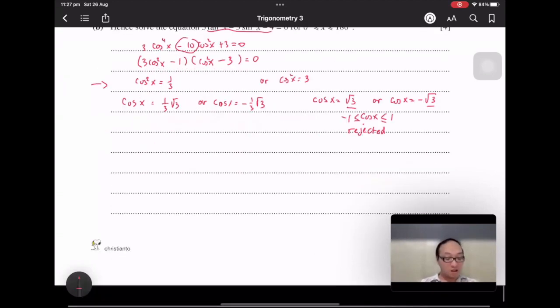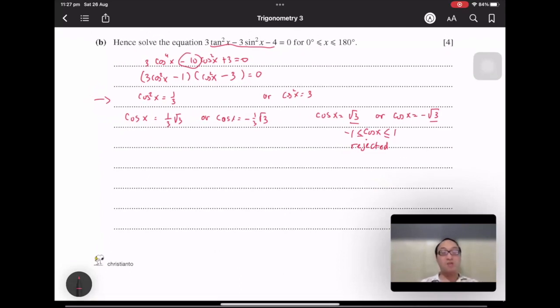Now we solve this. cos x equals 1 over root 3. So that means the answer should be in the cos positive quadrant 1 and quadrant 4. But since we only need 0 until 180, we're only looking for quadrant 1.